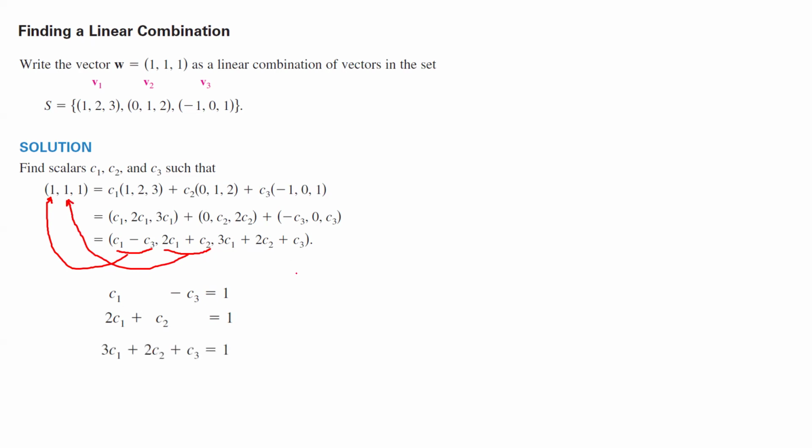And finally, 3C1 plus 2C2 plus C3 is equal to the last component, which is 1 again. So we form 3 equations in 3 variables. You have a system of linear equations that you can easily solve.